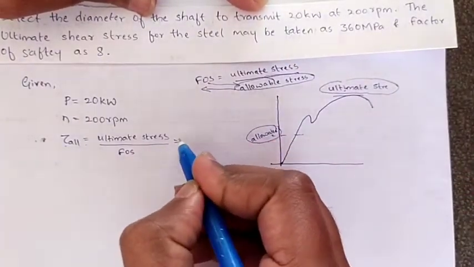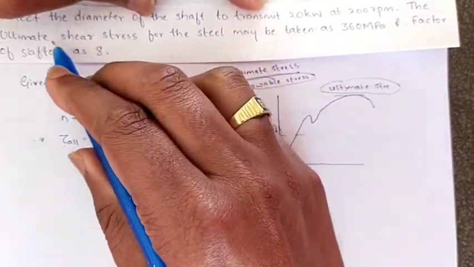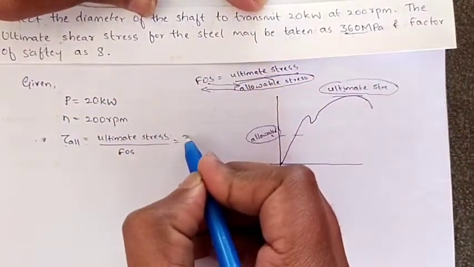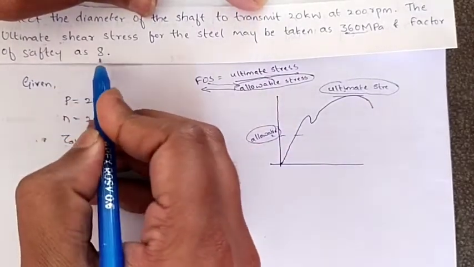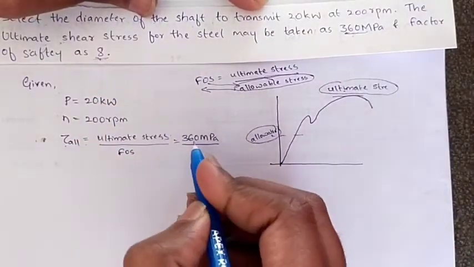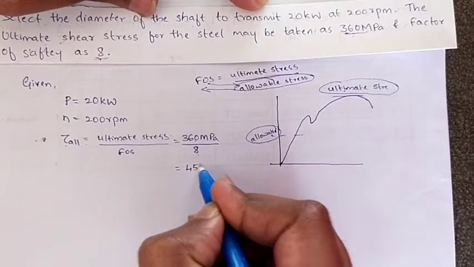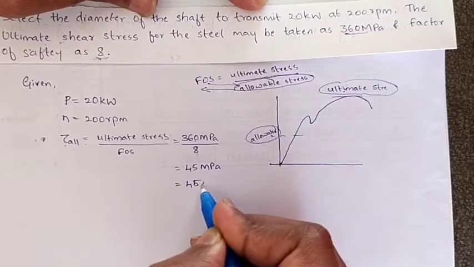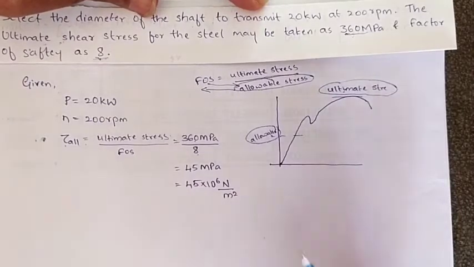The ultimate shear stress is given as 360 megapascal, so we substitute 360 megapascal divided by the factor of safety, which is 8. Dividing, we get 45 megapascal. Mega is 10 raised to 6, and Pascal is Newton per meter square.